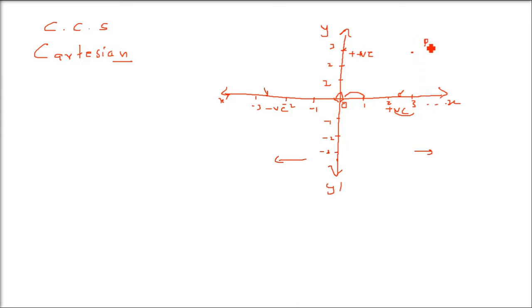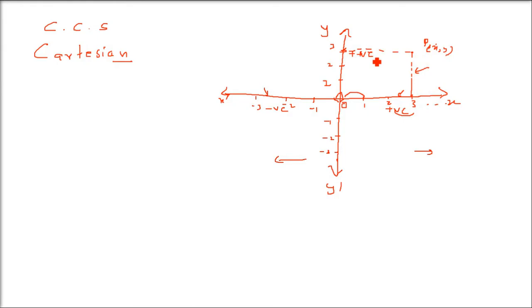Now we have a point. The whole thing is to locate a point, to locate a location. So now draw a line which is parallel to one axis and perpendicular to another axis. That is, we are making a line parallel to the y axis, perpendicular to x.